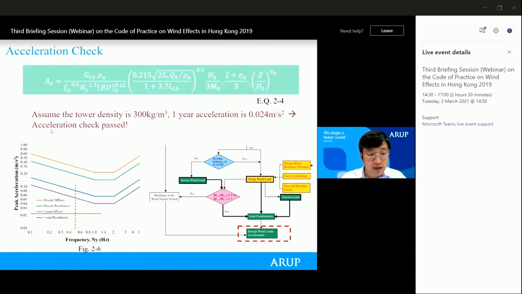And if we look at the acceptance criteria, because the natural frequency is about 0.5 hertz, even for the most stringent residential tower, it is about 0.05 meters per second square. So that means our calculated acceleration is far below the acceptance criteria. So we pass the human comfort check.